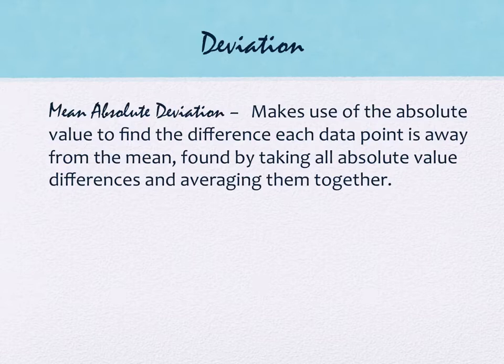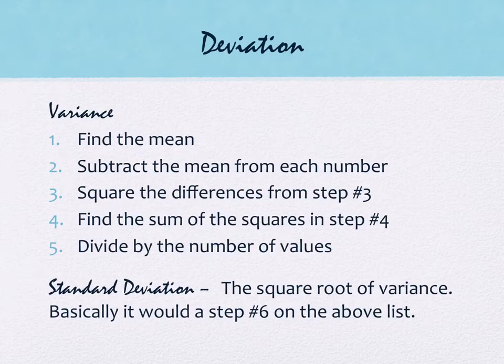So we're going to look at one example of that in a minute, but I want to show you all three of the things we're going to look at together, and then we'll find them. The second type of deviation is called standard deviation. Okay, so you see that at the bottom of this screen. A portion of standard deviation is variance. So to find the variance, you find the mean, which is what you have to do for mean absolute deviation as well. You subtract the mean from each of your data values, each of your numbers.